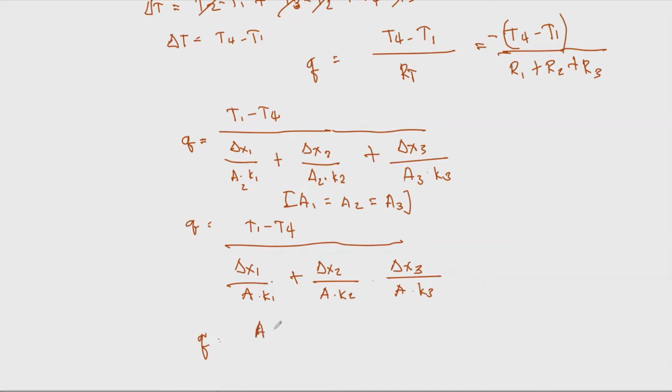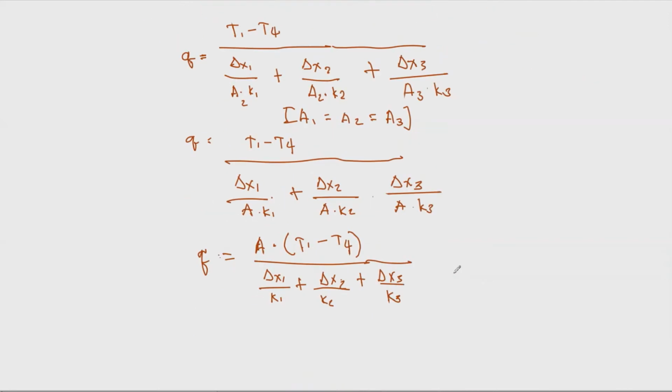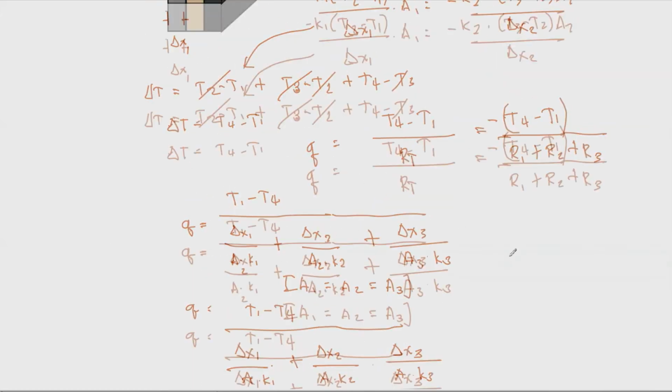So Q is equal to area multiplied with T1 minus T4, then divided by each of the resistances. Okay, so this is our final equation for conduction through slabs.